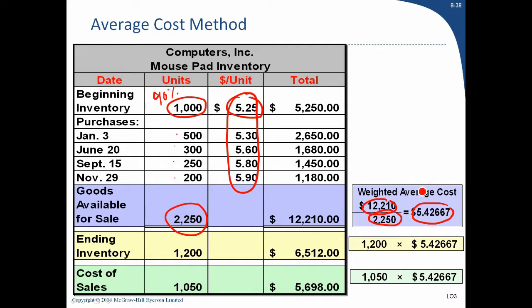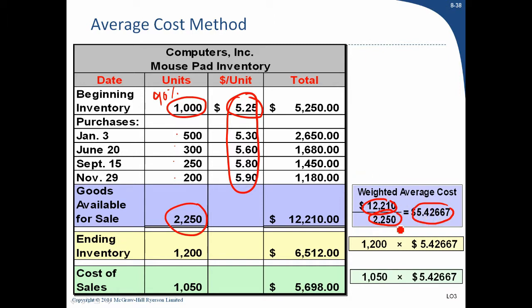I appreciate in science courses and certain math courses, decimals are very important. For accounting, if you put 4.01 and the answer was 4.00, you're definitely getting full marks. It's clear that you know what you're doing. Even if you just put $4 even, it's clear that you got the right answer. So don't get too hung up on 4.2667 versus 5.43.